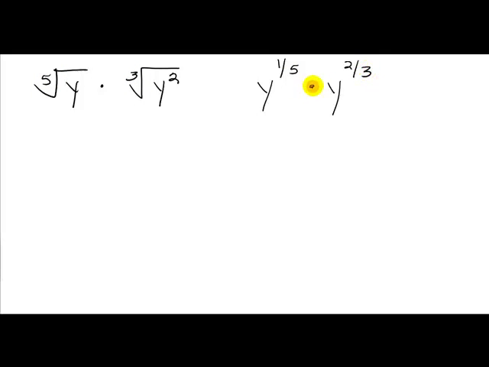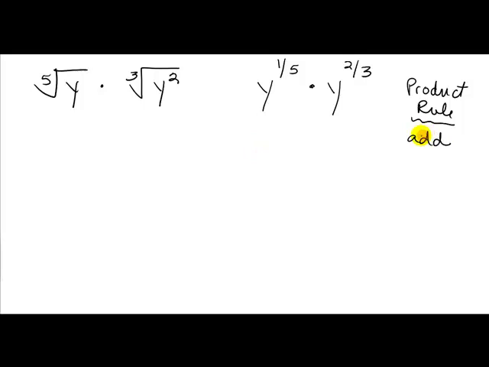Then we're multiplying here, and that's the product rule. Which, I know it doesn't even seem to make sense. Product rule means we're multiplying, but we don't multiply the exponents, we add them. So it gets to be confusing. So that's why it's very important that you're understanding the rules.